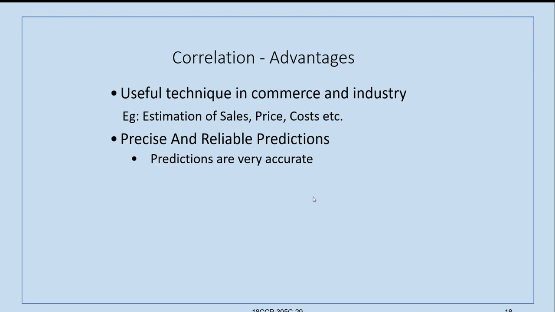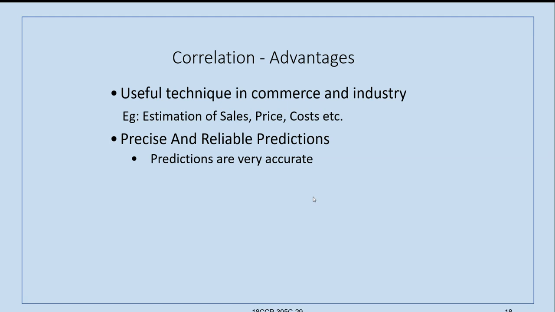It is a useful technique in commerce and industry. Of course, economics, philosophy, commerce, business, in all these areas we can apply correlation. Correlation is a very powerful tool. We can easily apply this technique. Correlation and regression both are two important aspects which we can apply in so many areas, combinedly we can use these two, correlation and regression.